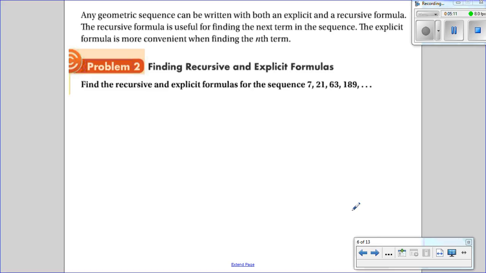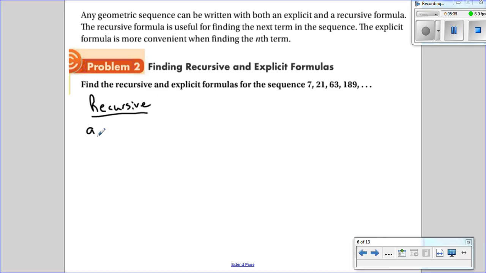So, any geometric sequence can be written with both an explicit and a recursive. All right, so we're going to work on that. So find the recursive and the explicit formulas for these sequences. So what we're looking for, first off, is the common ratio, okay? So if we were to write it recursively, you go back in your notes, we need two things.